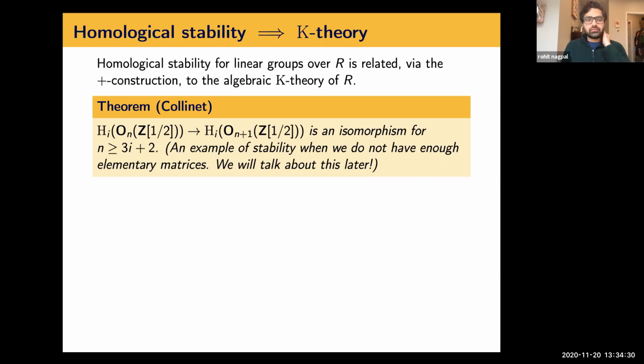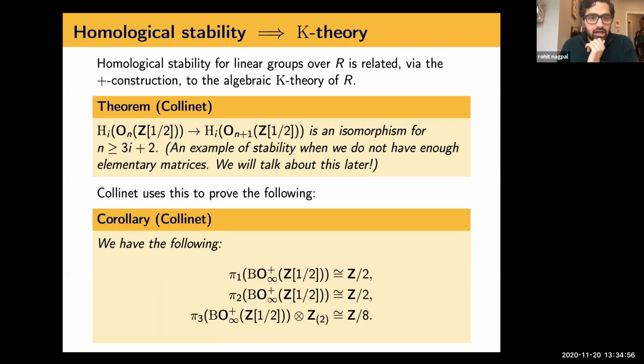Euclidean orthogonal groups also don't have a lot of elementary matrices, but we do have stability for them, which is pretty interesting. The proof of this is very different from Charney's proof, and I will explain later how this is proven.